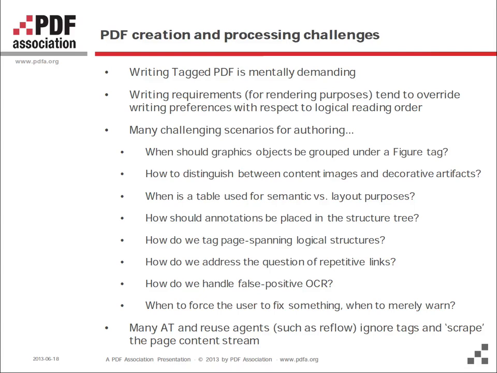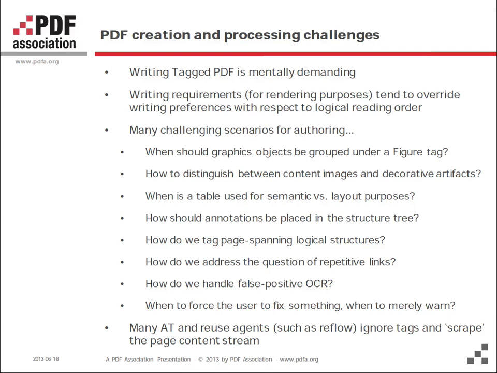Instead, developers are in the situation where the user's producing a file that includes a clump of graphics objects at a particular location, and unfortunately the question has to be asked: how many figures do you have here? How many individual images need to be represented to the end user? And a similar problem: how to distinguish between content images and decorative artifacts.